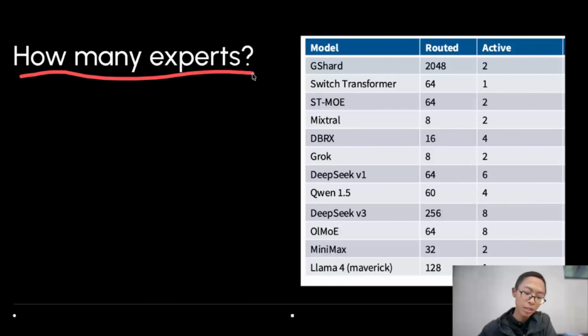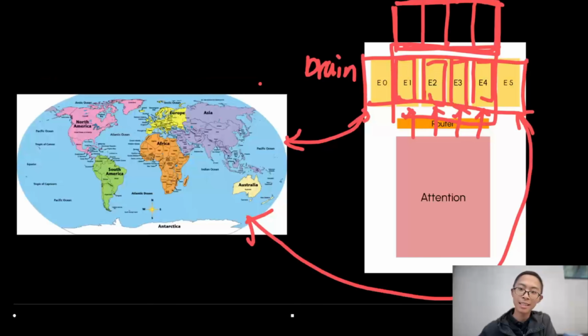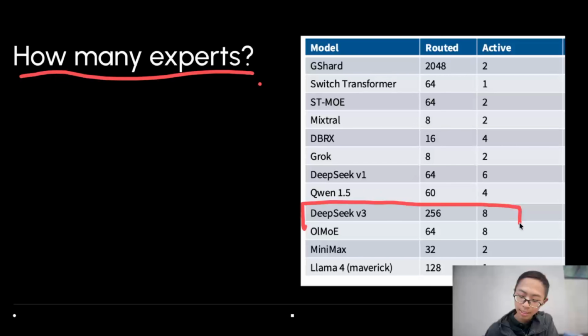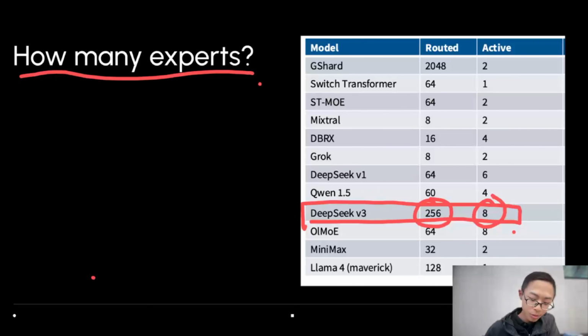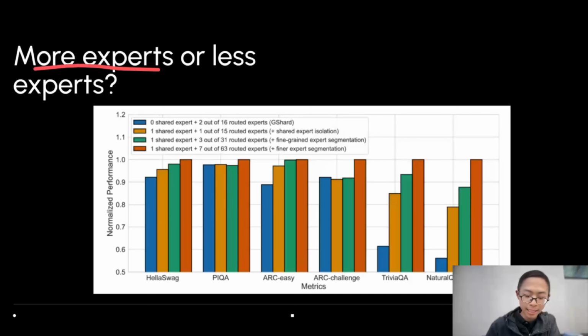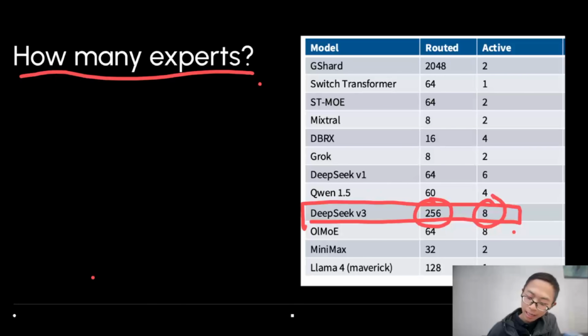So in the industry, how many experts do we need? On the graph above, we have 6 experts, but for DeepSeek V3, we have 256 experts, and 8 of them are activated. So do we want more experts or fewer experts? As you see, at first, DeepSeek V1 had only 64, but a year later, they have 4 times the number of experts.